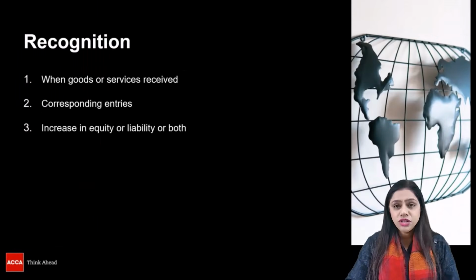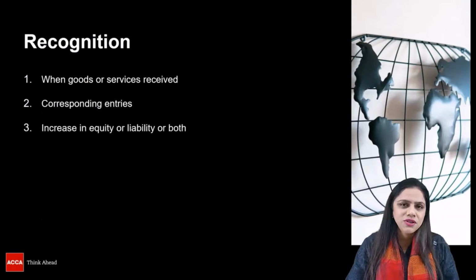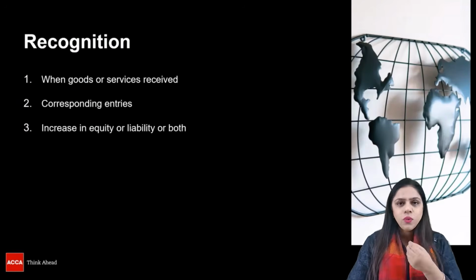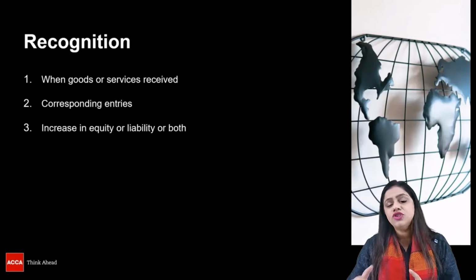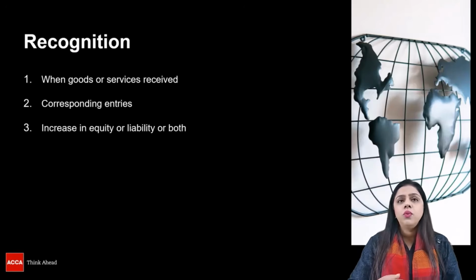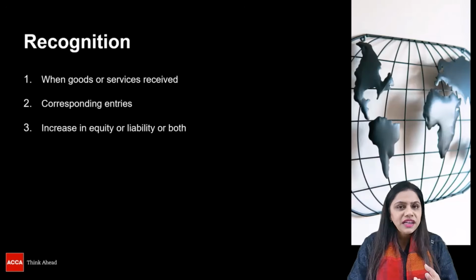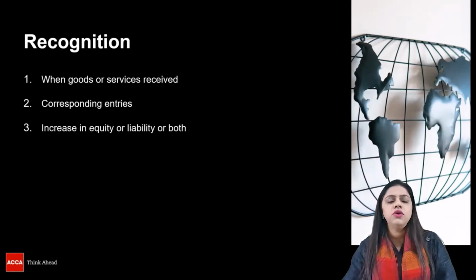For this purpose, you need to know when and how a share-based payment is going to be accounted for. And the when part comes with the recognition criteria. So the recognition of this standard is that you pass the double entry when goods or services are received. When you talk about goods, they are easier to identify and they are received all at once.